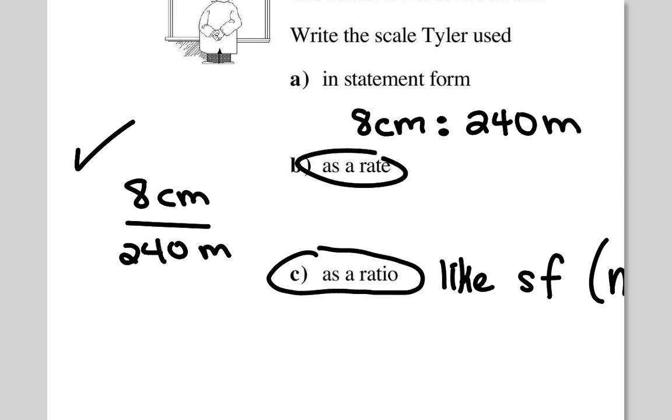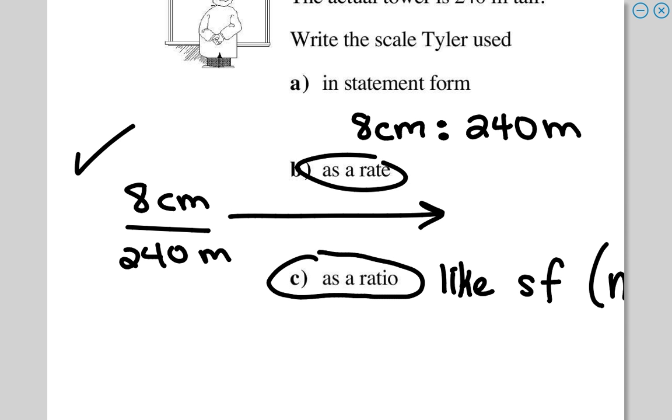Or maybe a better word for that would be lowest terms. If you put this in your calculator, 8 divided by 240, and go math fraction, what do you get as a fraction? Beautiful. So for every 1 centimeter, you will travel 30 meters.